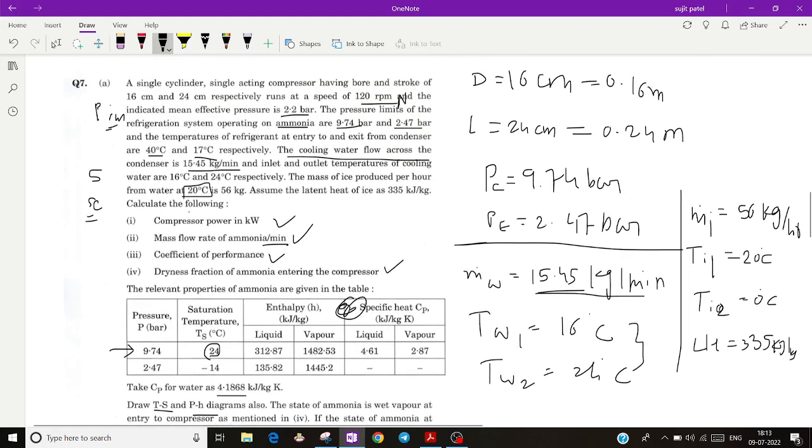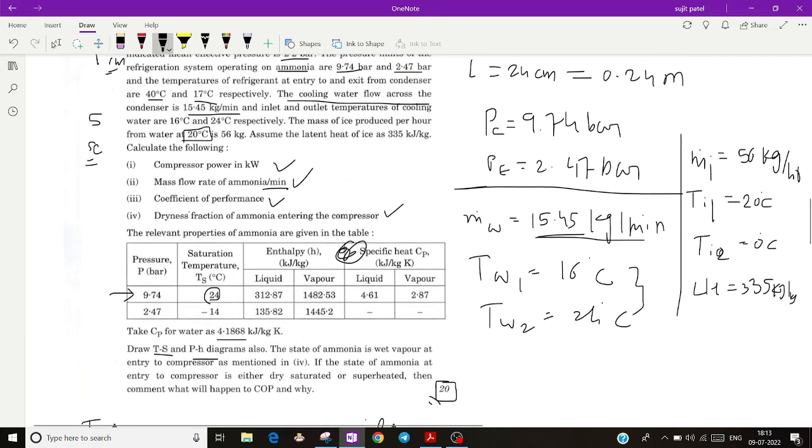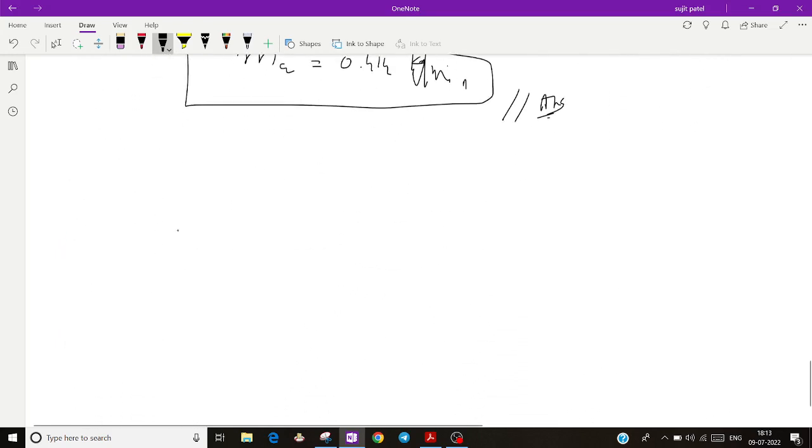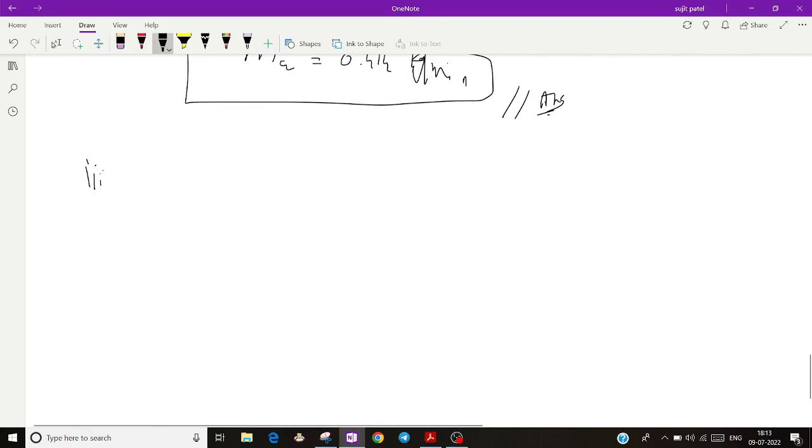Now the third thing that they have asked is the coefficient of performance, that is, how much COP. We know the formula of COP, that is refrigeration effect upon power. How can we find the refrigeration effect?